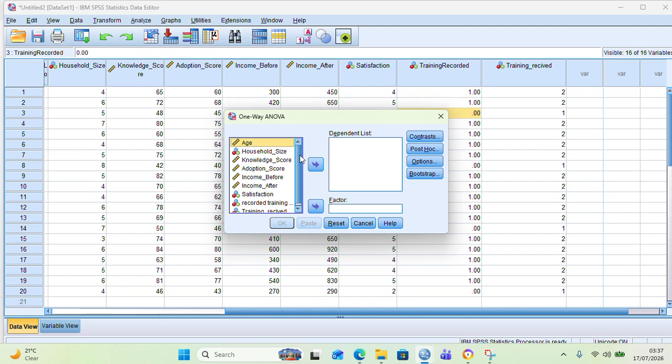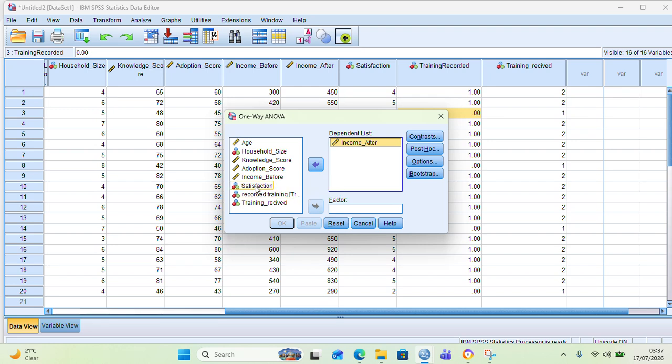For the dependent variable, remember what we said about it. So here we are going to use income after, and then the factor. It's like I never recoded education, that's why it's not appearing in this window.